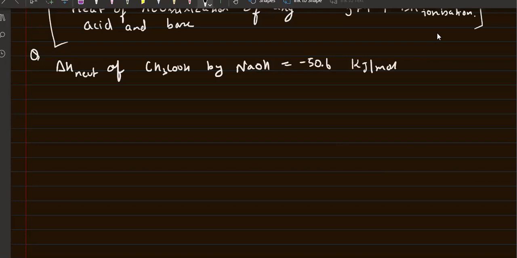Okay, this is given. You have to find delta H ionization of CH3COOH, right?